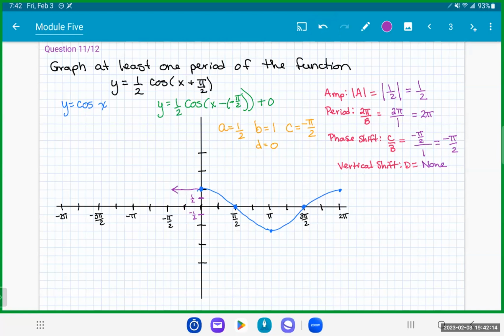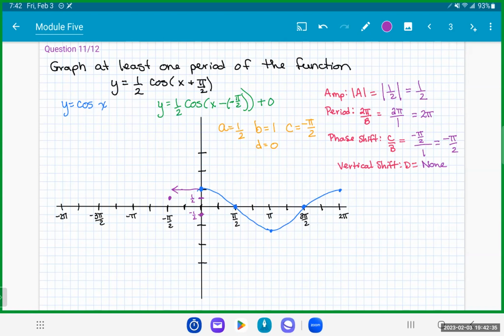But remember, we're not going to be oscillating between 1 and negative 1. We're going to be oscillating between negative 1/2 and 1/2. So we're going to come here to the 1/2, and now we just keep the same pattern. At 0, we would be down here at negative 1/2.